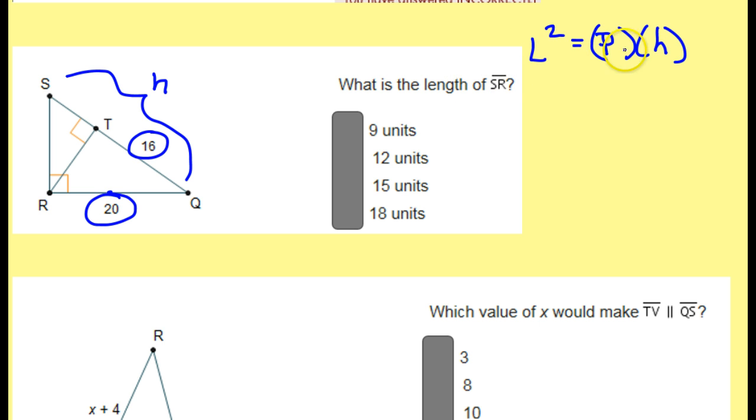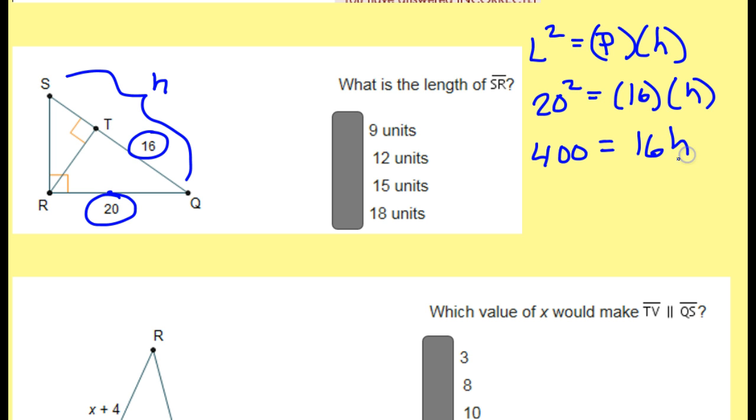So let's use this formula to find the hypotenuse. Leg squared: I've got 20 squared is equal to this part times the hypotenuse. So that's 400 is equal to 16h.